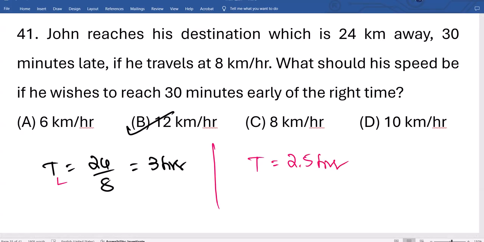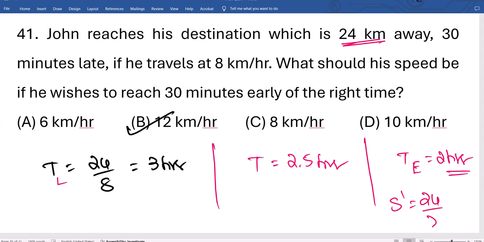3 hours is 30 minutes late, which means the correct time to reach the office is 2.5 hours. Next one, what they are asking: you have to reach 30 minutes early, which means you have to reach in 2 hours. 24 kilometers, you have to reach in 2 hours. So the speed must be 12 kilometers per hour.